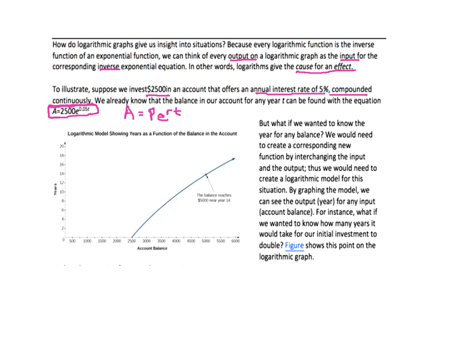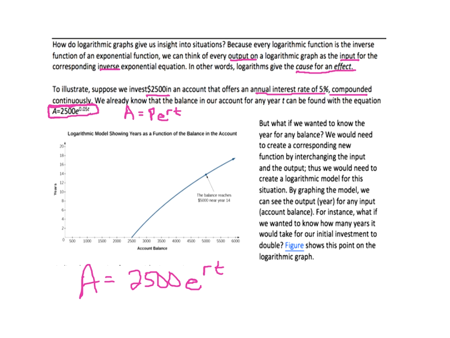Using that information, we would have this function: account value is equal to 2,500, that's our principal deposit, times e, which comes from 1 plus 1 over n to the n as n moves into infinity, raised to the rate times time.